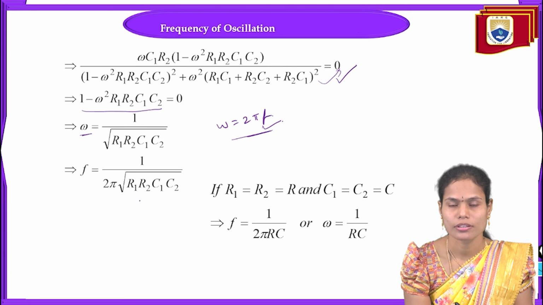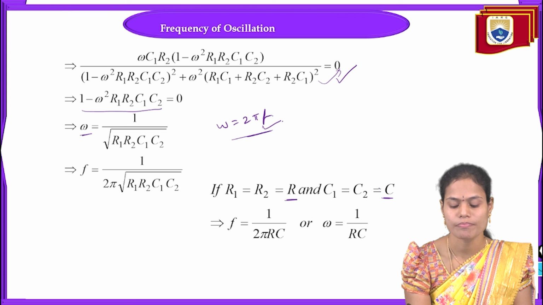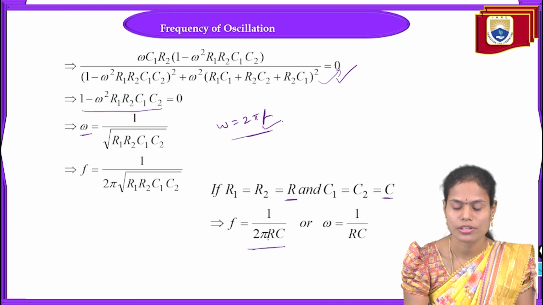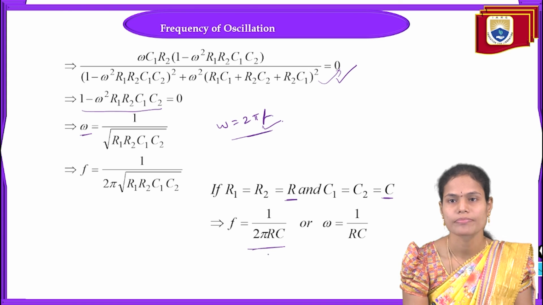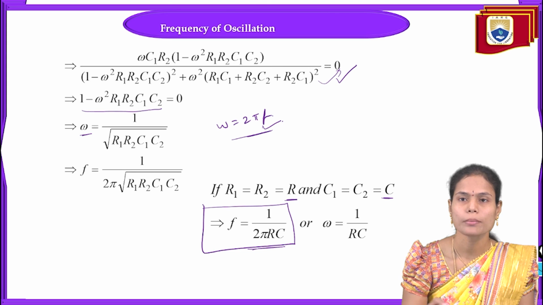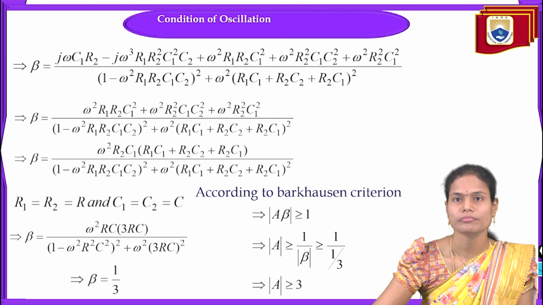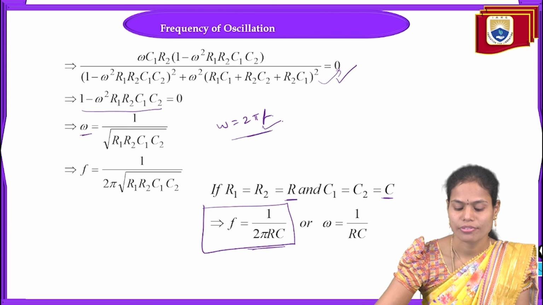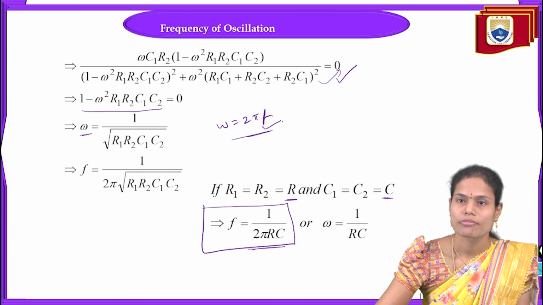Suppose to design the bridge, if you are taking both R1 R2 the same, as well as C1, C2 the same, we can replace them with R and C, so that the frequency of oscillations is 1 by 2 pi RC, or else omega equal to 1 by RC. So this is the required frequency to generate the proper oscillations. So this is for getting the frequency of oscillation.